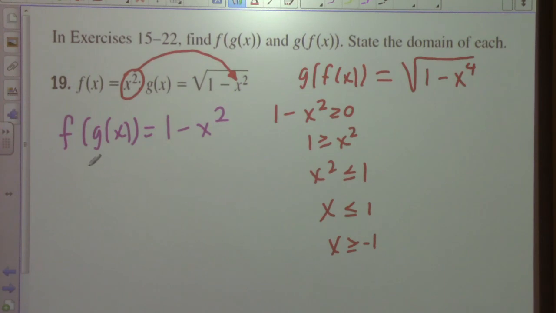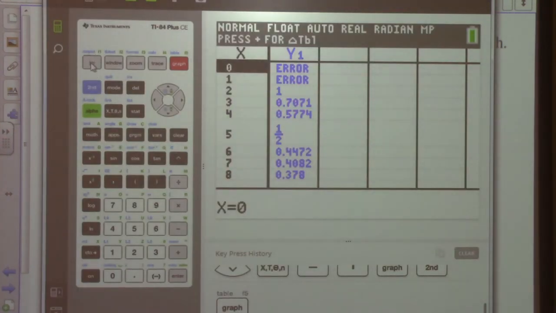So for this, our domain is going to be what? Negative 1 to 1. It's really based on this restriction right here, right? So square root of 1 minus x squared, what does that look like?